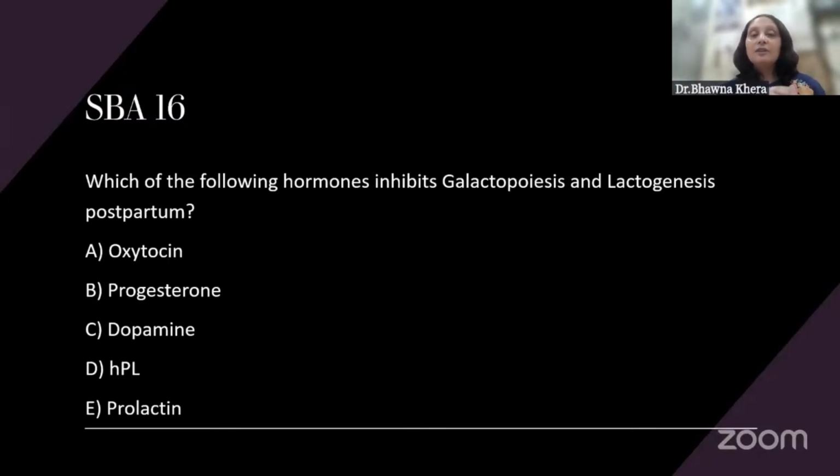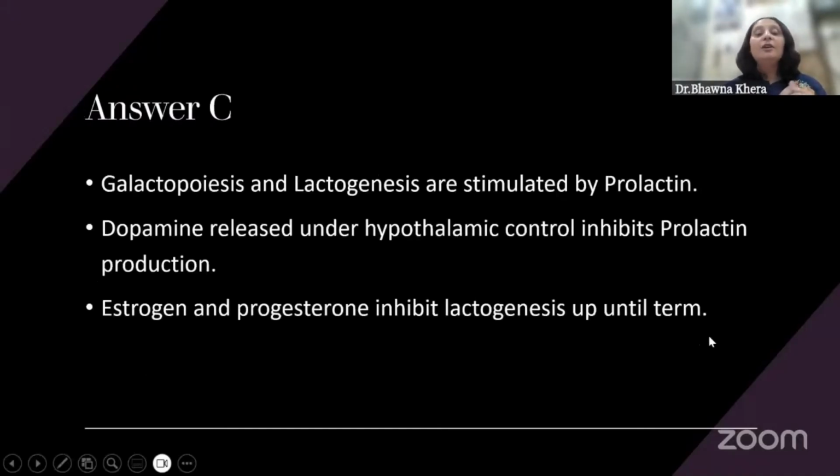So now comes the inhibitor. The inhibitor is dopamine. So dopamine is the correct answer here. Galactopoiesis and lactogenesis are stimulated by prolactin. Dopamine, released under hypothalamic control, inhibits prolactin production.